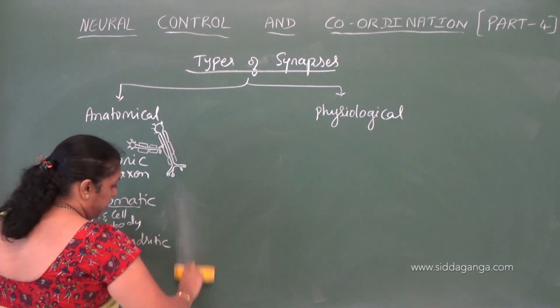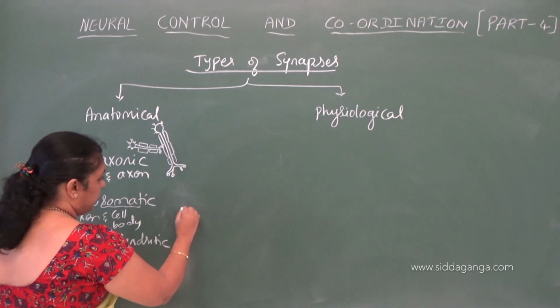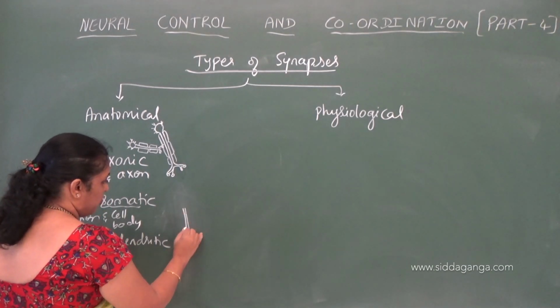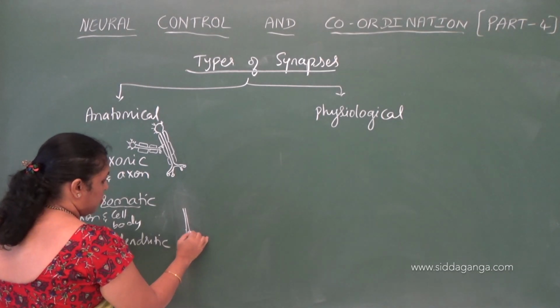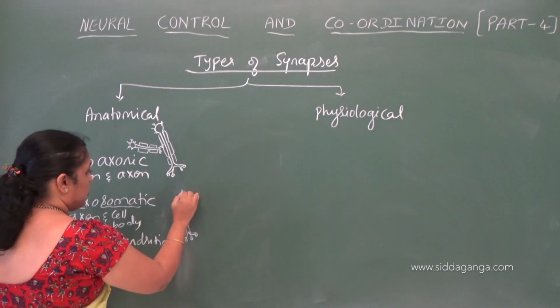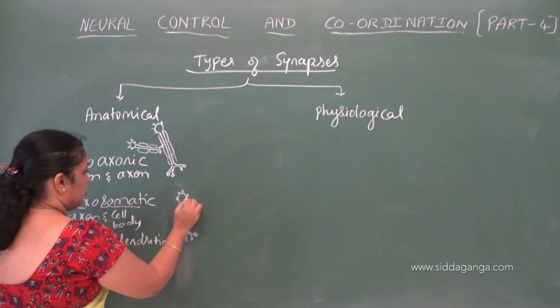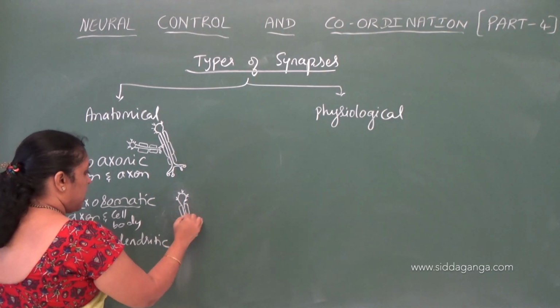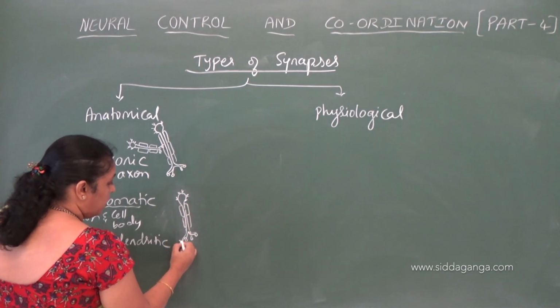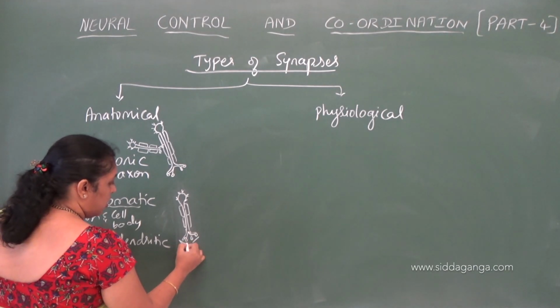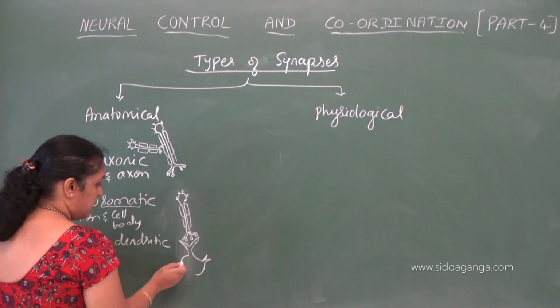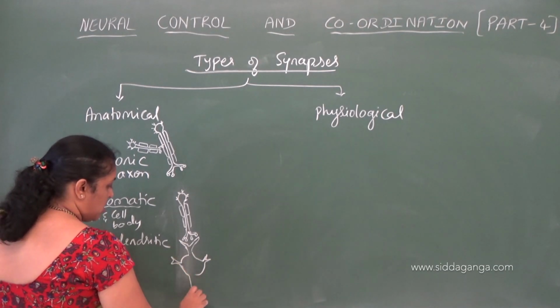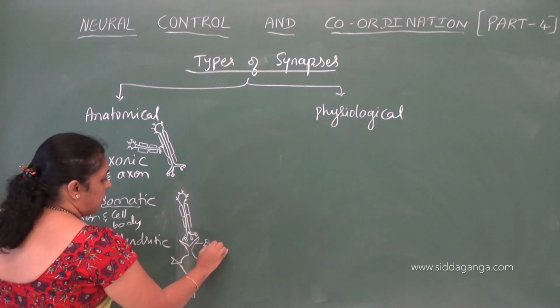So we see this is an axon. This is dendrites.